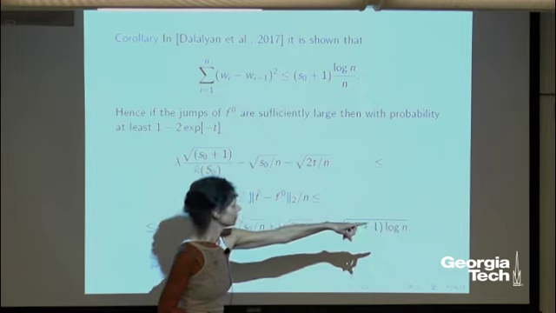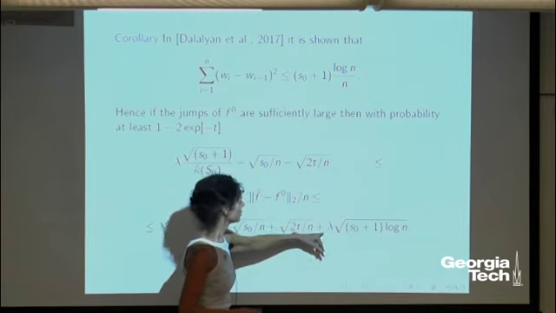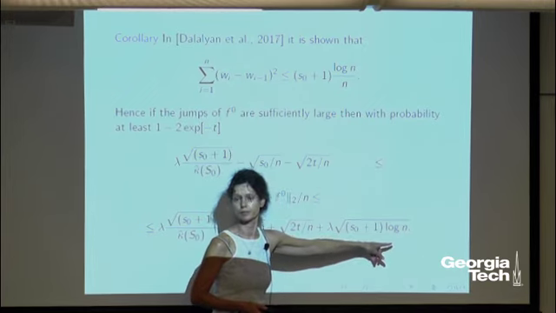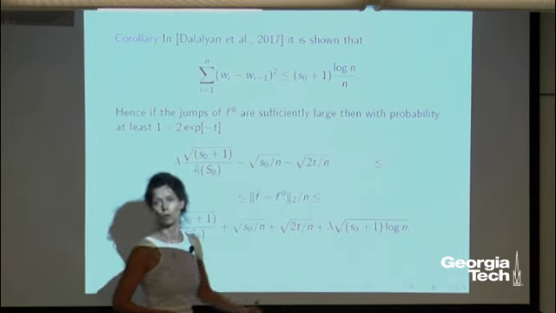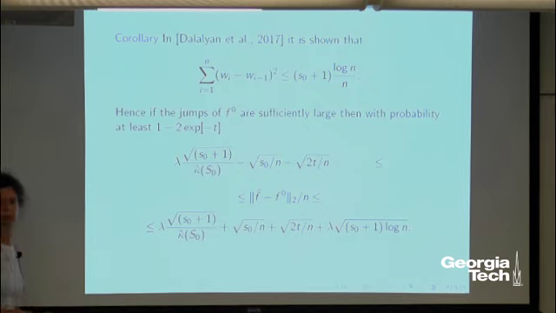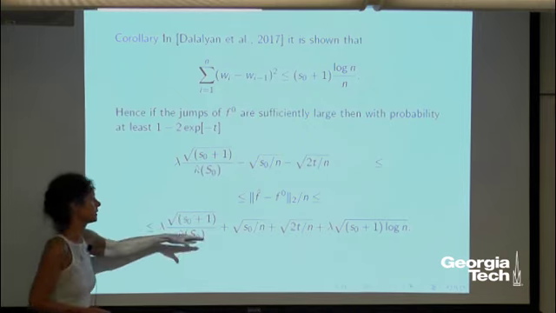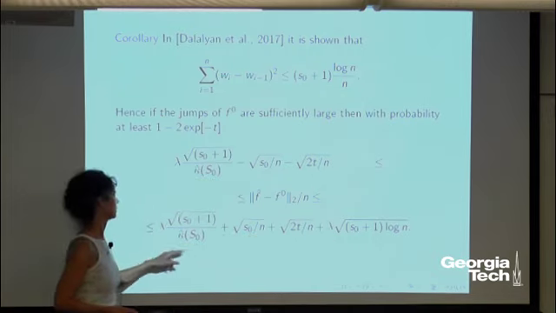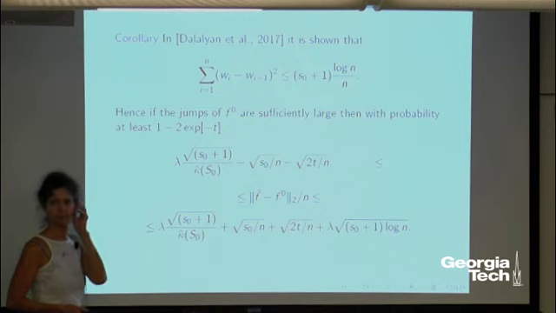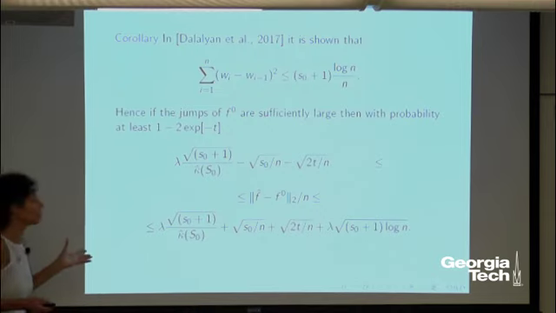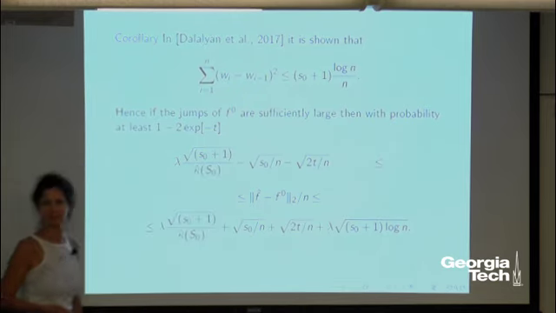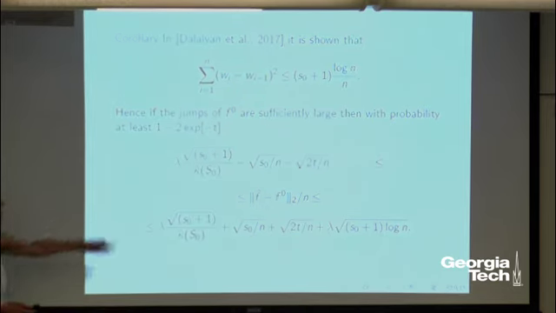Then there's a log p term, where p is now n. So there's a log n term, and then there's an additional log term. So you get the parametric rate up to a log term, not a square root log term, but a log term. And if the number of jumps is growing, then this will probably not hold. It depends on how large. But then this can be the dominating term. And I don't know whether this is the tightest possible result, but at least it's up to log terms. You now see how tight it is.